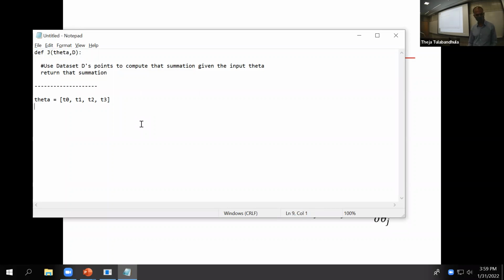So now the gradient of J with respect to theta is going to be again some vector. The vector is just going to be the partial of J with respect to theta 0 and so on. The remaining will be the same.